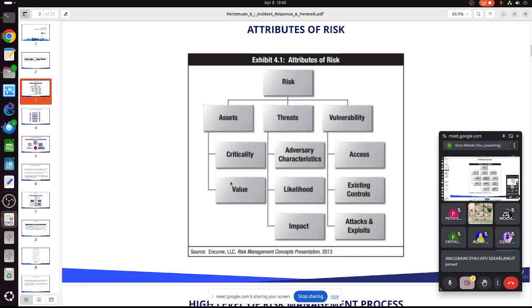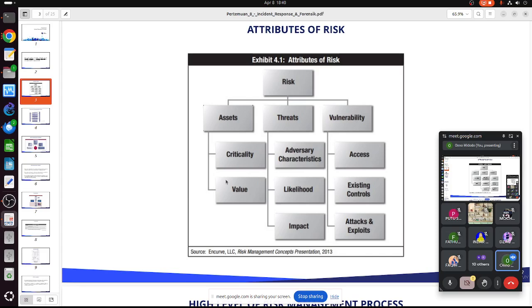The value can be the value of the particular asset. For example, data. Maybe the cost is low, but the value is very, very high.